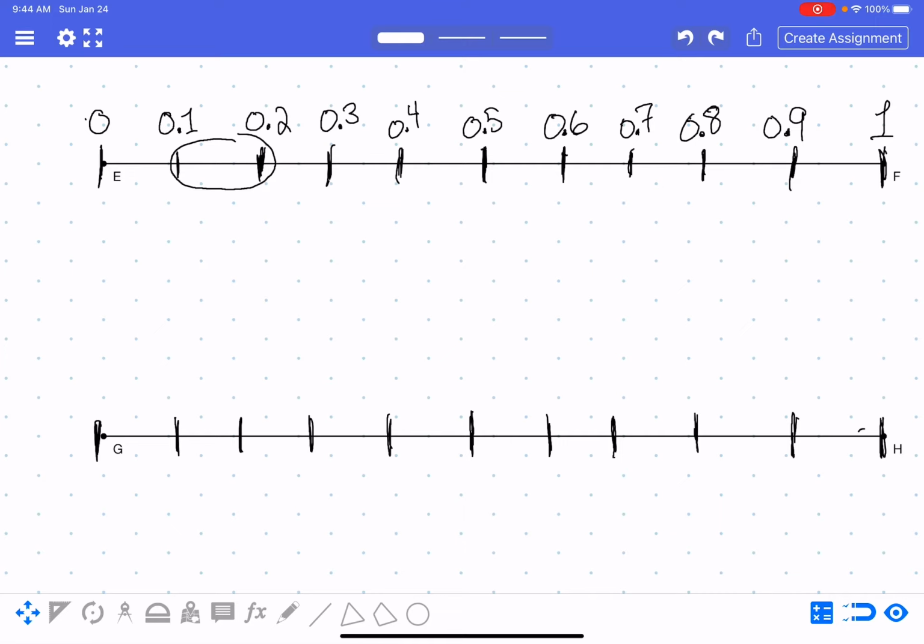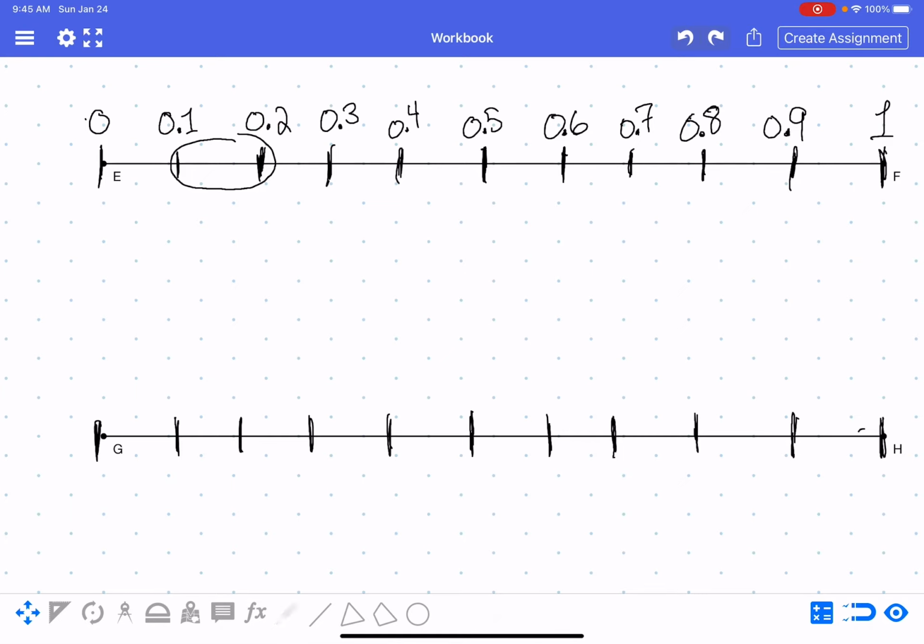At first we zoomed in between 0 and 1 to see tenths. Now we're going to zoom in between 0.1 and 0.2, all these little numbers in here.